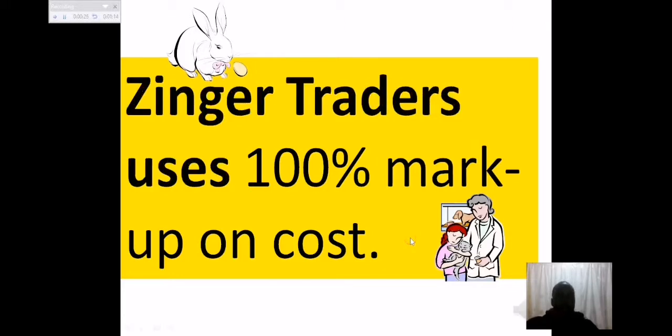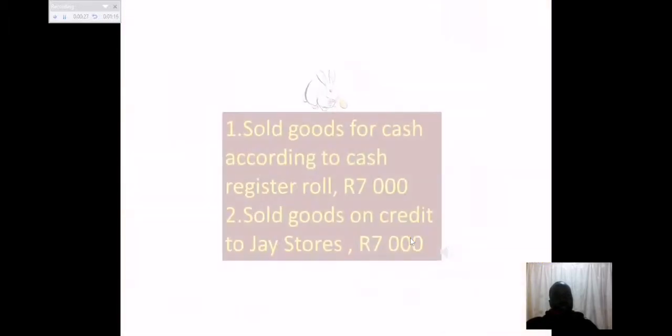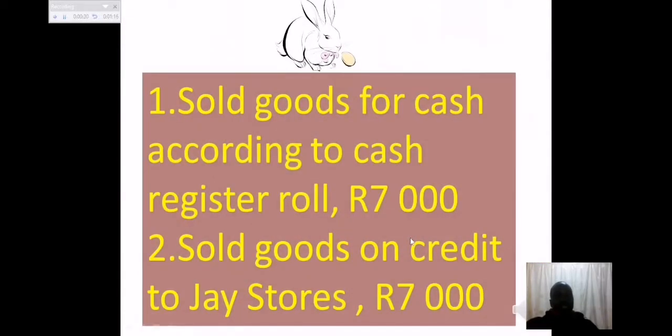Then, as we look at the transactions, in our first transaction, goods are sold for cash according to the cash register roll, amounting to 7,000. And in the second transaction, goods are sold on credit to J Stores, the amount remaining the same at 7,000.